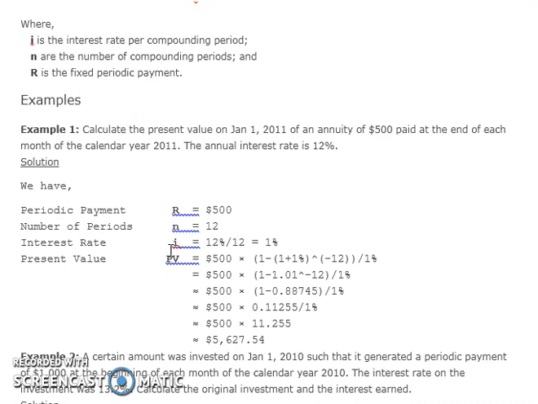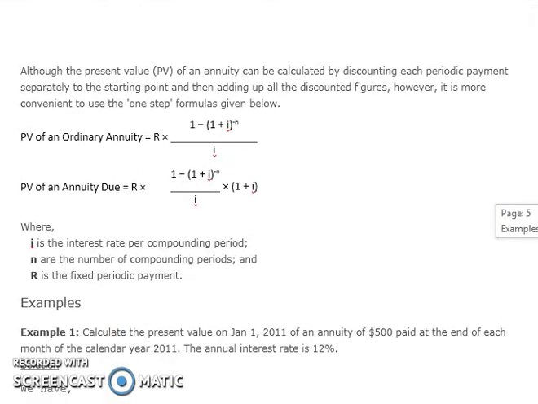Now we put the data in the formula. In the case of an ordinary annuity, it is R multiplied by the factor, which is 1 minus (1 plus I) to the power of minus n, divided by I. You multiply R, the periodic payment, by this factor in both cases, ordinary annuity or annuity due.